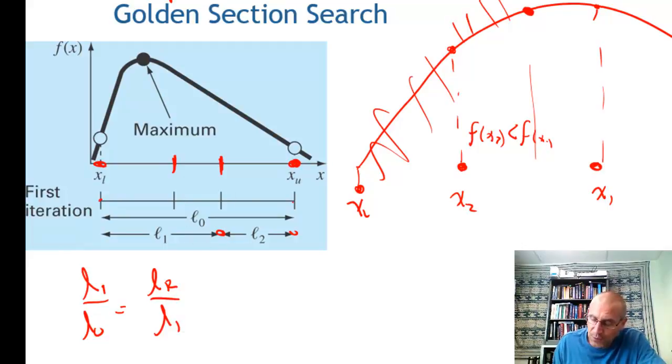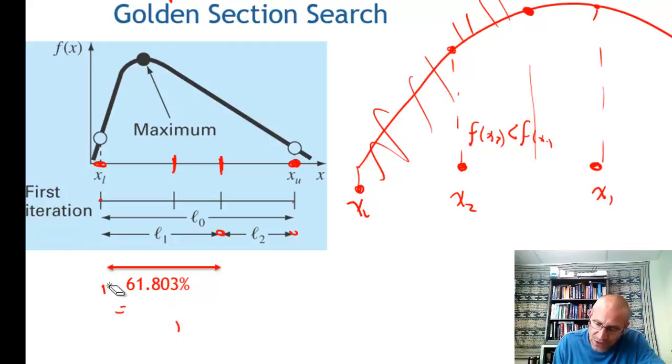It's just got this particular relationship. And if I do that, I find that that actually equals 61%. So that distance right over there is about 61.803, and that's called the golden ratio.